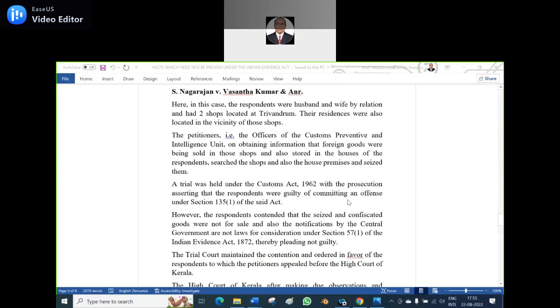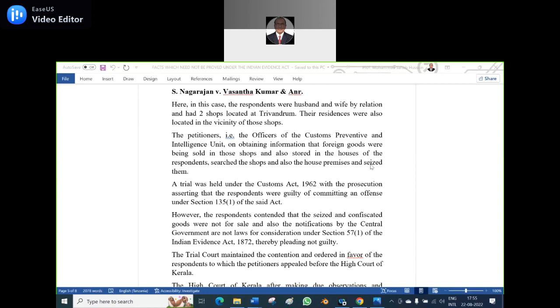That means they confiscated goods sold without permission. I think those are the foreign goods. A trial was held under the Customs Act 1962, with the prosecution asserting that the respondents were guilty of committing an offense under Section 135 clause 1 of the said Act.